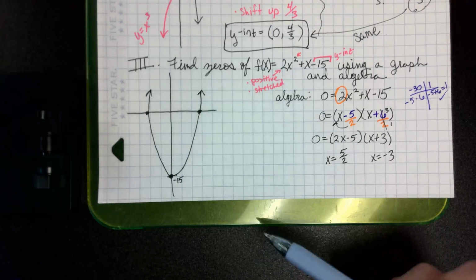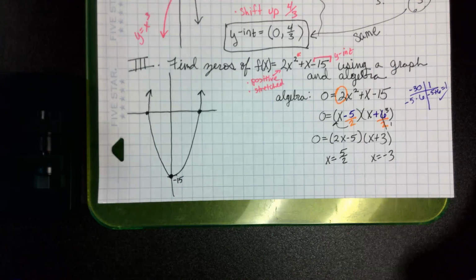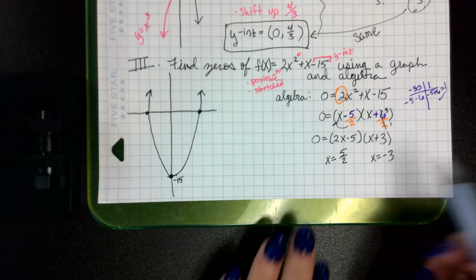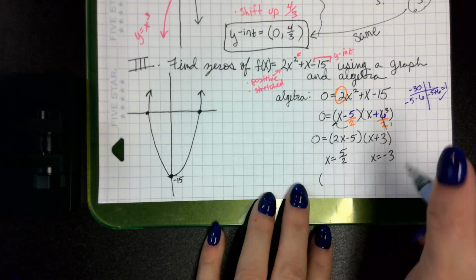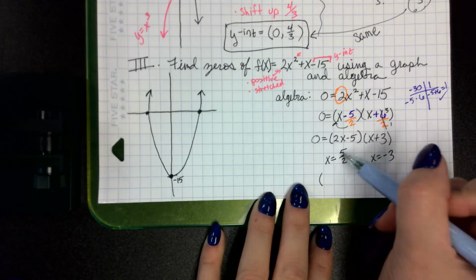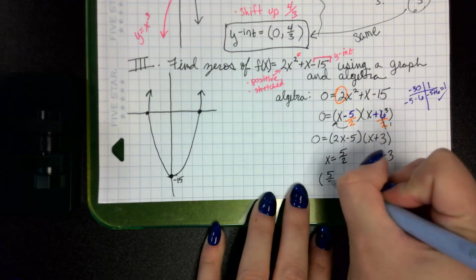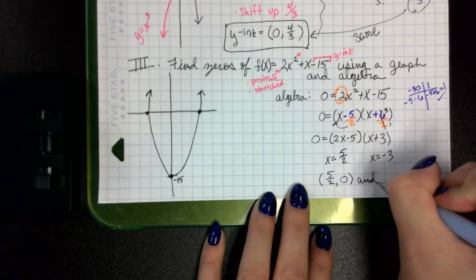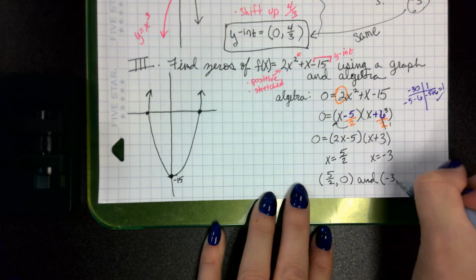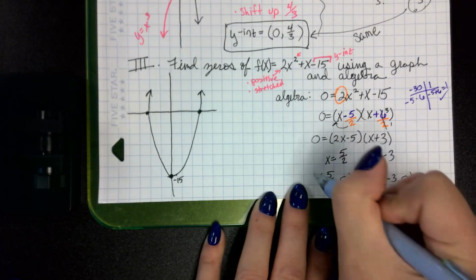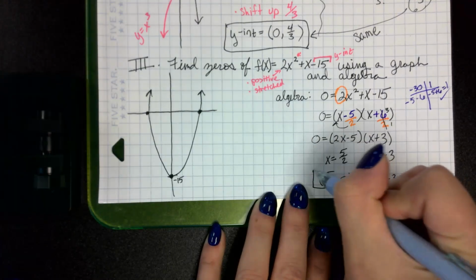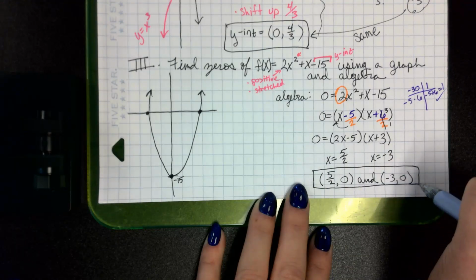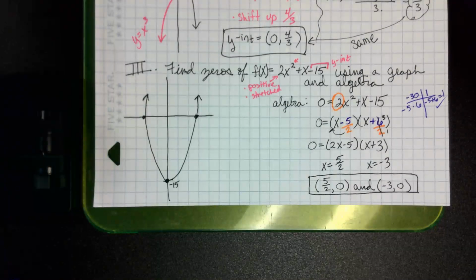But that's not my answer because I was asked to give zeros, and zeros are points, so I have to write them as points. It's when the y value is 0, so 5 halves, comma 0, and negative 3, comma 0. Those are points. So if you're asked to give points, don't just give x values.